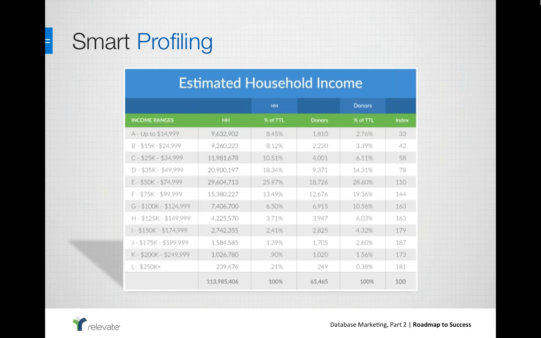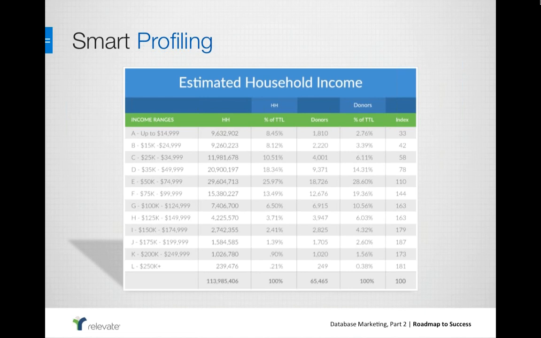The fourth column shows the count distribution of the client file into these income ranges. So of the 65,000 client records that were provided, 18,700 fall in that same E, 50 to 75,000 range. The fifth column shows the percent distribution of customer households into these ranges. And the sixth column is the index calculation, which compares the customer percentage versus the national percentage for each row.